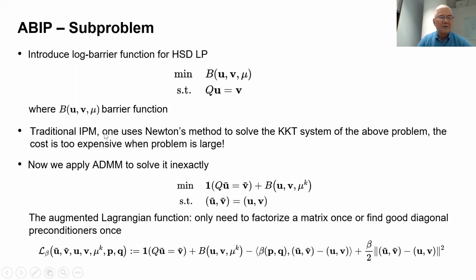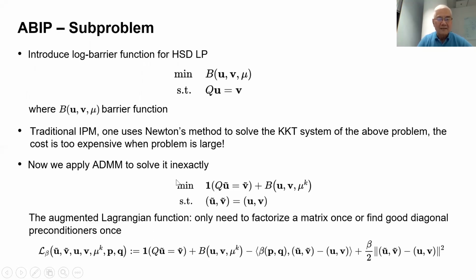In a traditional IPM, to solve these problems we use a Newton method to solve a KKT system of this convex optimization problem. But now we use ADMM. For any fixed mu, we apply ADMM to solve this problem, on the linear equality constraints.